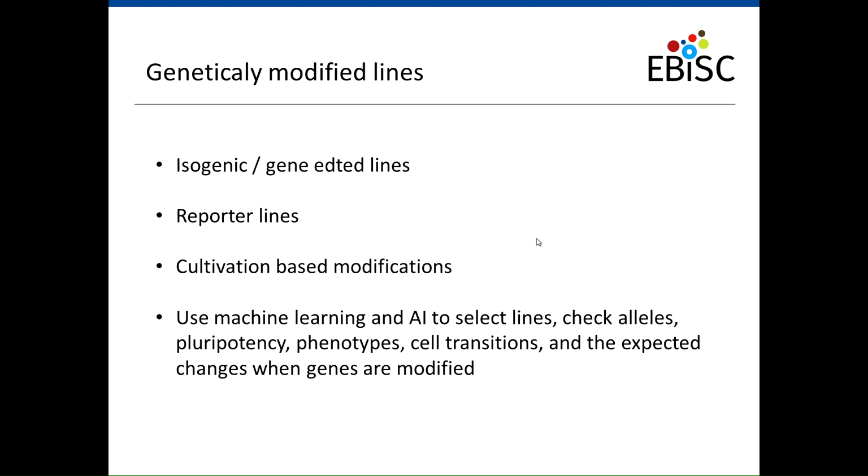And this will create a whole kind of genome vault surrounding iPS cell lines, which eventually will only be manageable with machine learning and artificial intelligence tools to select lines, to check alleles, to define pluripotency, and to draw conclusions from this genetic information on the phenotypes and potency of the lines, on the phenotypes of derived lines, on cell transitions, and the expected changes when genes are modified.